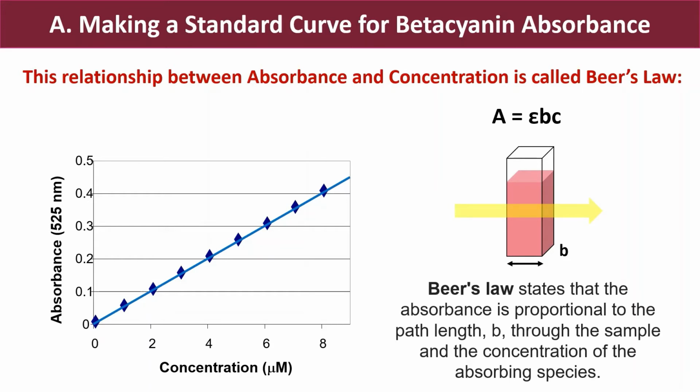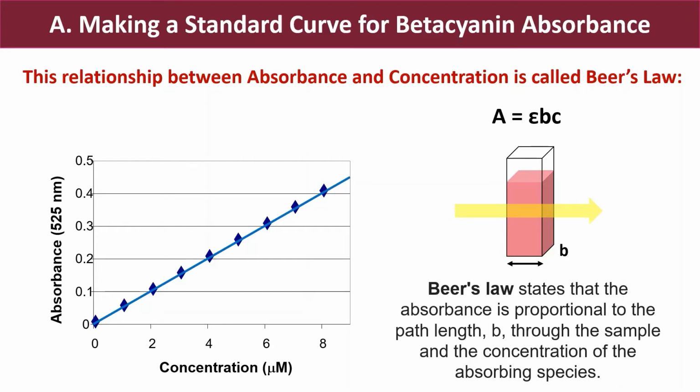The cuvette is the little square test tube-like thing that the sample is in, and those are standardized to be 1 centimeter. And epsilon is a constant. So what it's saying is that A is directly proportional to C, the concentration, under given conditions for a given pigment. So more on this later after we complete parts B, C, and D.